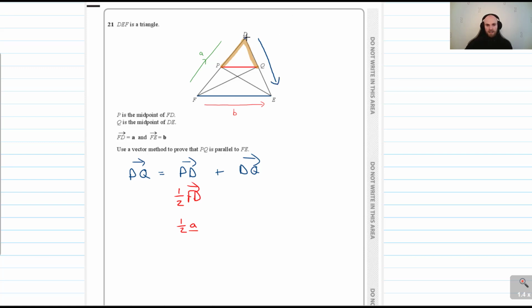If we want to go from D to E, we need to go from D to F and then F to E. Well, D to F is not going to be A, it's going to be minus A, because F to D is A, but D to F is the opposite direction. So D to F is going to be minus A. And then F to E is going to be plus B.